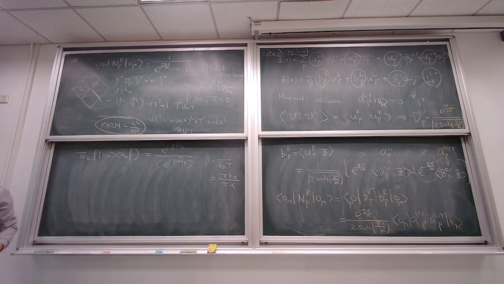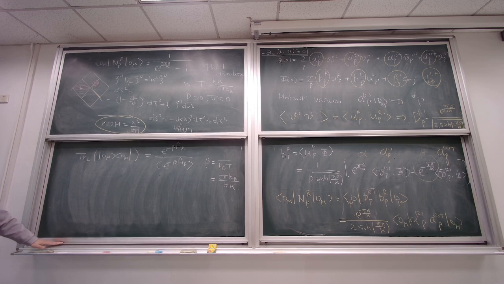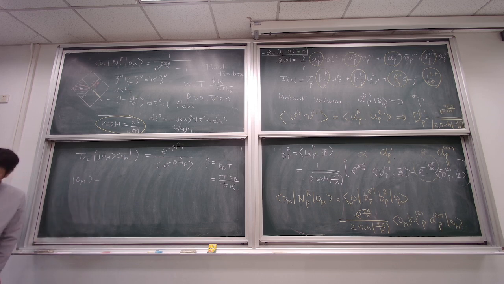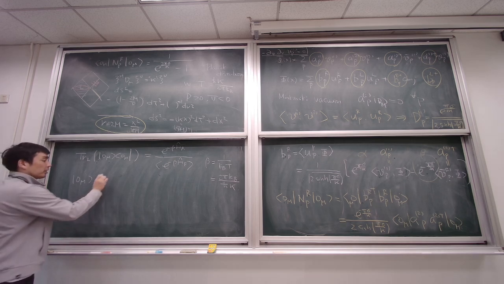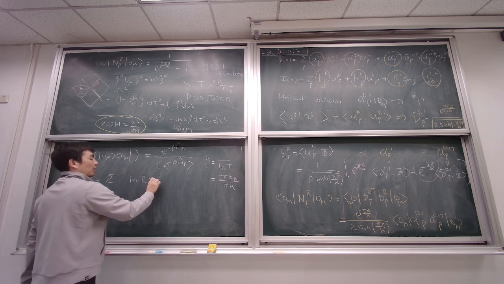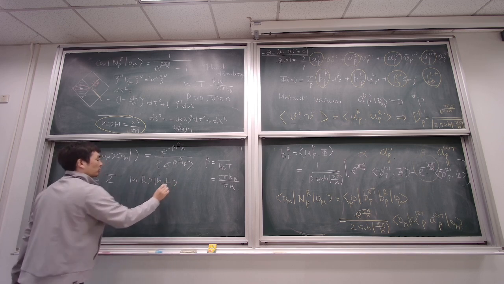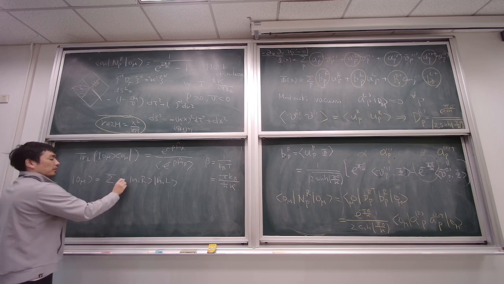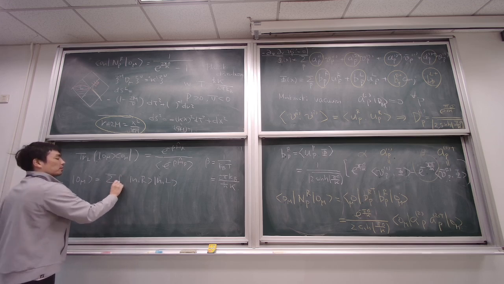And I don't think today I have the time. If you do the correct calculation of this Minkowski vacuum, the Minkowski vacuum can be written in some coherent states of the right Rindler wedge and left Rindler wedge, like this way, with some coefficient f of n.